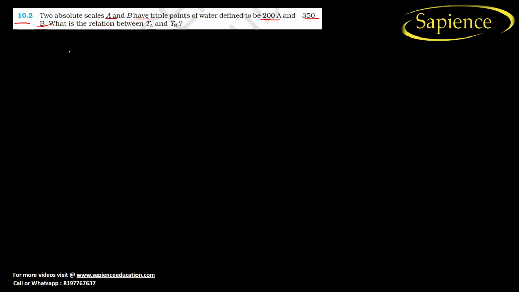For example, the Kelvin scale starts from 0 Kelvin, so it is an absolute scale.